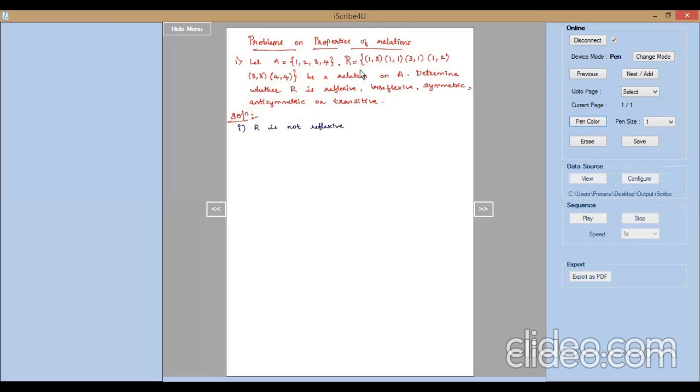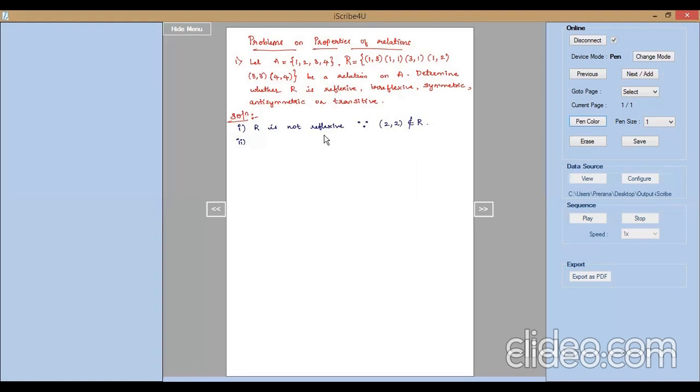R is not reflexive because (2, 2) does not belong to R. So for any set A that consists of the elements, something like 1, 2, 3, 4, every same element pair, that is (1, 1), (2, 2), (3, 3), (4, 4), should belong to the relation R. Here (2, 2) does not belong to the relation R. That is why it is not reflexive.